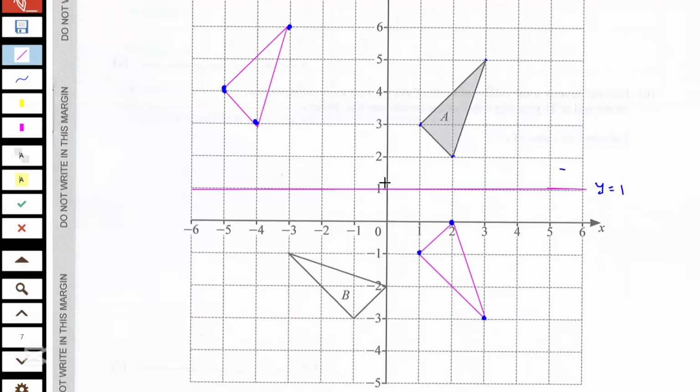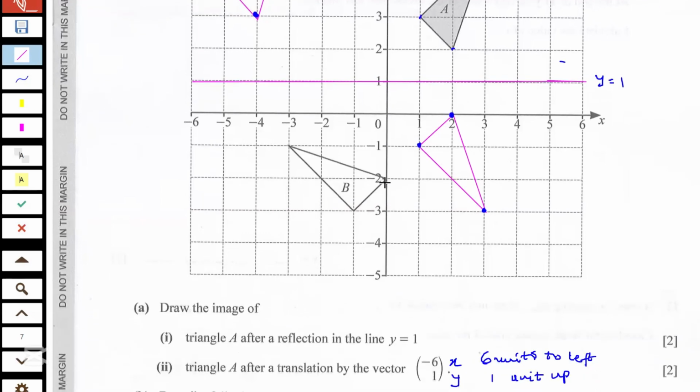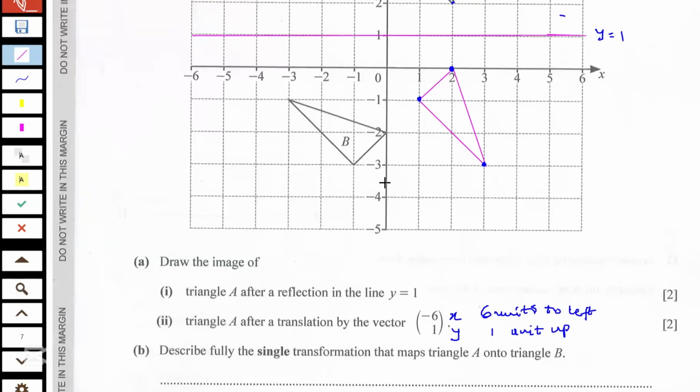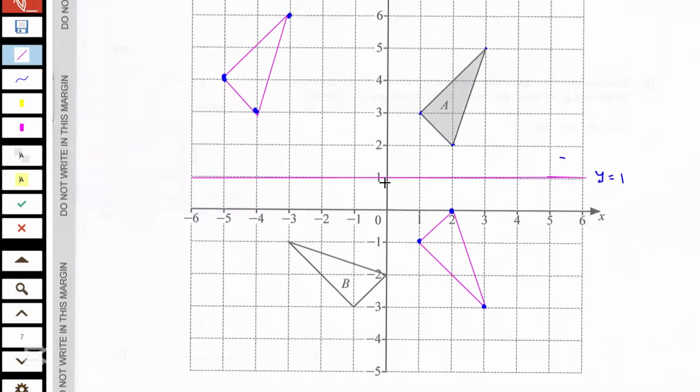So the last question here says that we have to describe fully the single transformation that maps triangle A onto triangle B. Now, here it's obvious that we're going to be having a rotation.